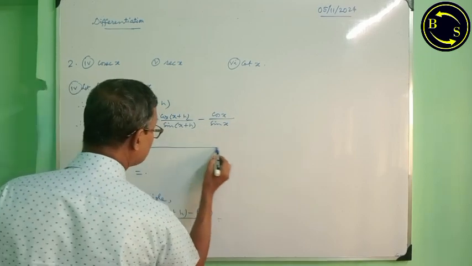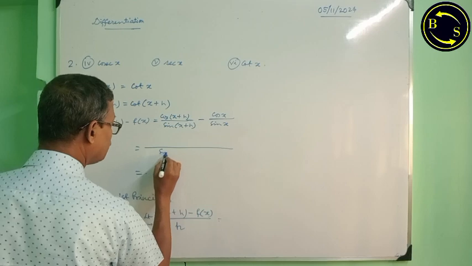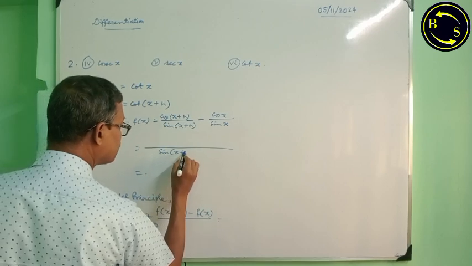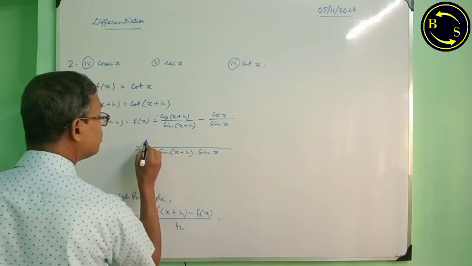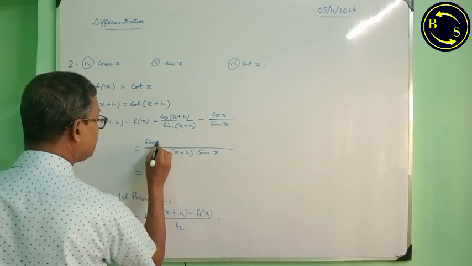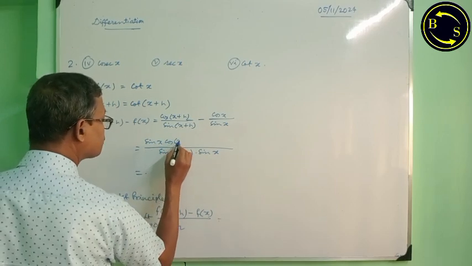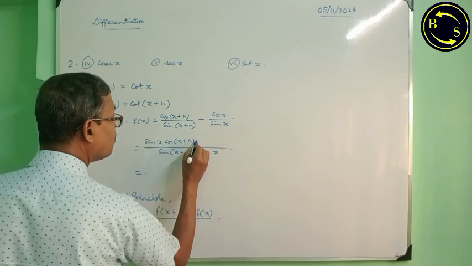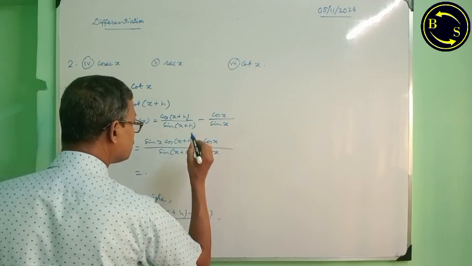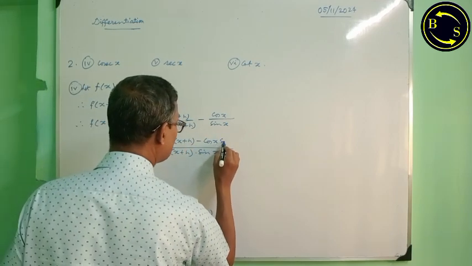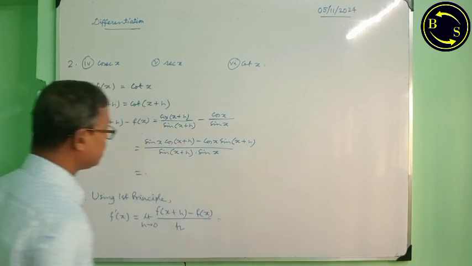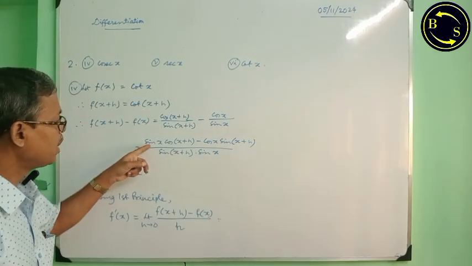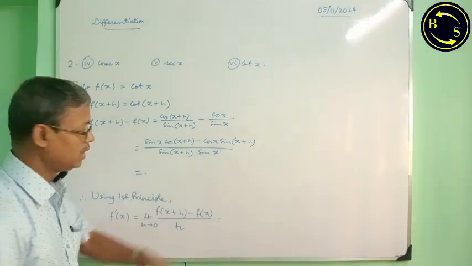Now we simplify. Over sin of x plus h into sin x, the numerator is sin x cos of x plus h minus cos x sin of x plus h. Now this is of the form sin a cos b minus cos a sin b.